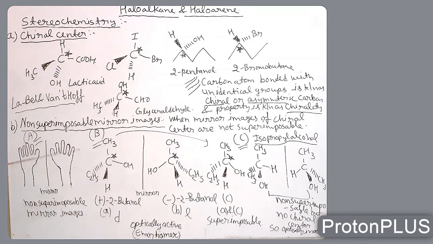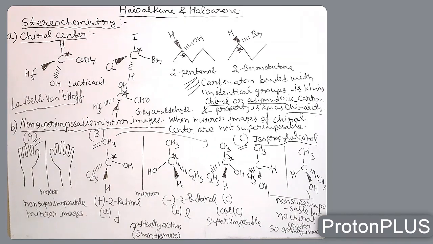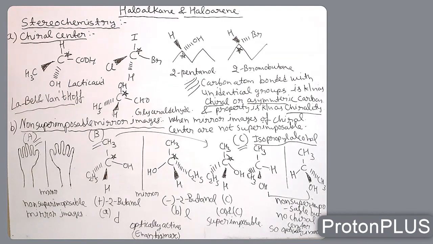Next, the third example that we have taken is isopropyl alcohol. In this isopropyl alcohol, as you are observing, we have not starred the carbon atom. The reason is that the center carbon atom is directly bonded to 2 methyl groups. That is, if 2 methyl groups are there, then we will say 2 identical groups are there.